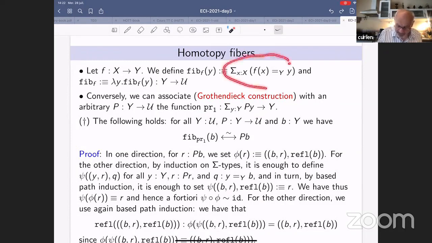Set-theoretically, it's the set of all x's that are mapped by f to y. But homotopically, it's a much richer type because it's not a set. I mean, we are in type theory. So we have this notion of homotopy fiber, and since this is for varying y, we have produced a family.